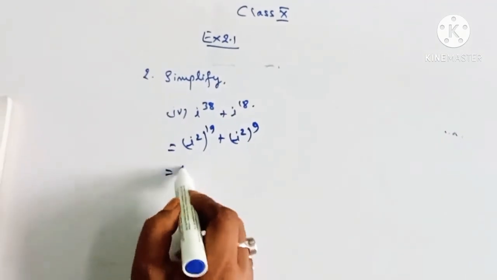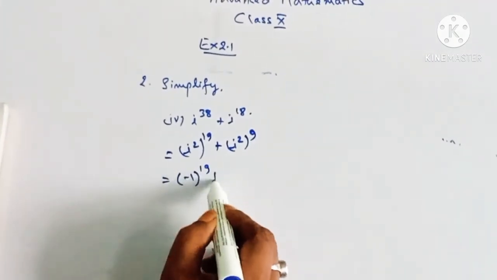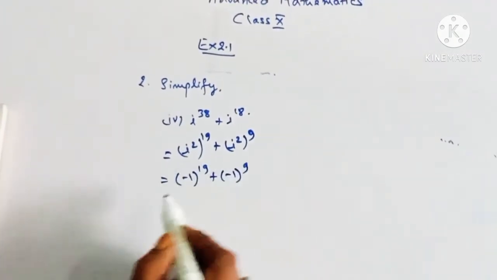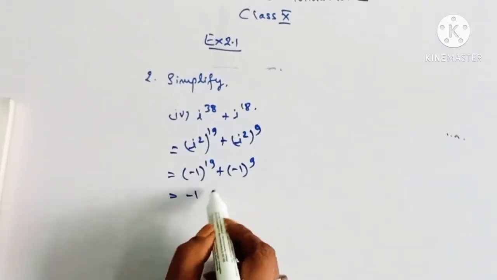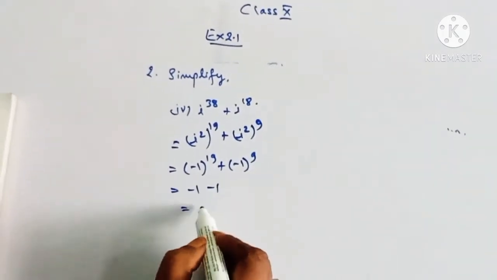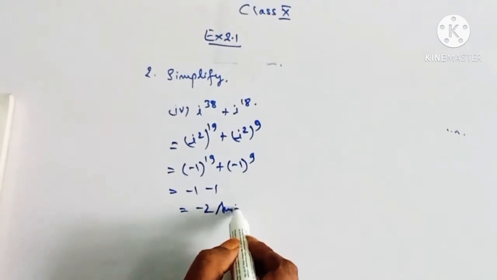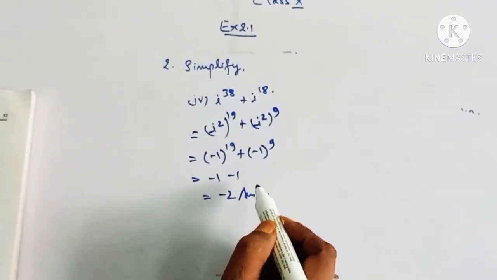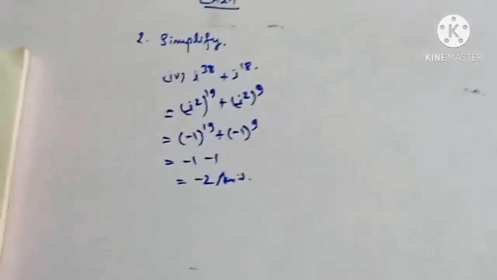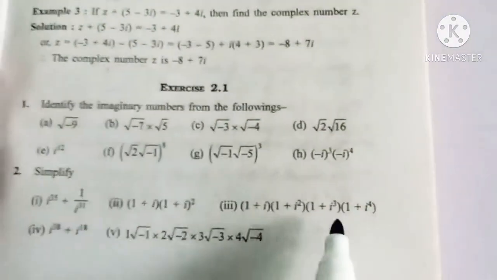So this will be minus 1 to the power of 19 minus 1 to the power of 9. So odd minus 1, odd minus 1, this will be equal to minus 2. This is your answer. The rest I think you can do it yourself.